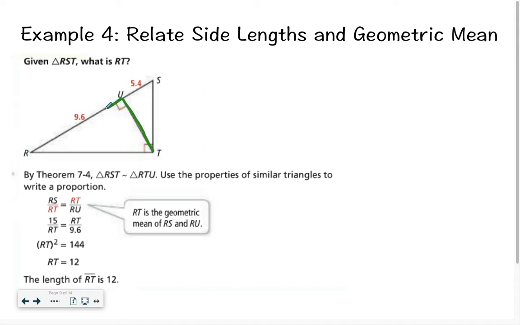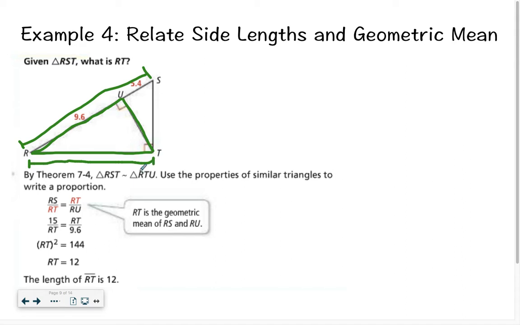I'm going to outline RTU in green just to help us visualize, and that is similar to the big triangle. So I can set up a proportion. I can say RS, the big hypotenuse of the entire triangle, is related to the hypotenuse of the smaller triangle.